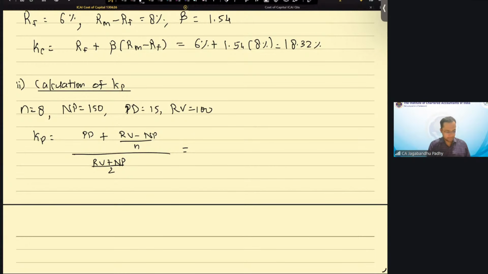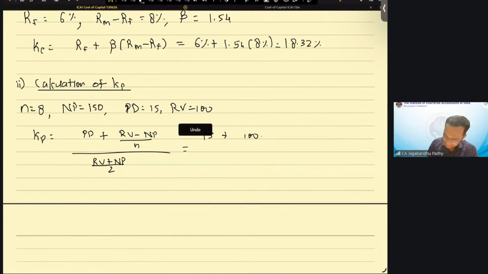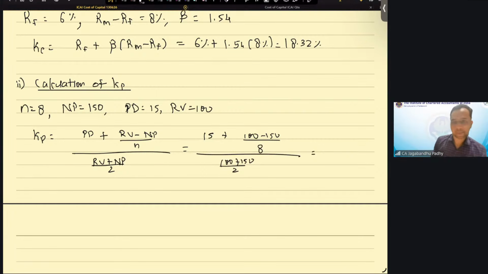So this is 15 plus 100 minus 150 upon 8, the whole divided by 100 plus 150 by 2. So that's the cost of preference share.